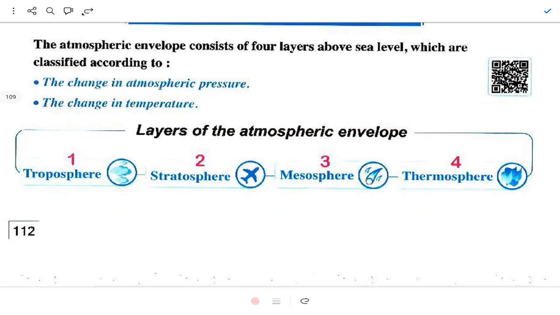The first one is the troposphere, the second one the stratosphere, third the mesosphere, and the thermosphere.